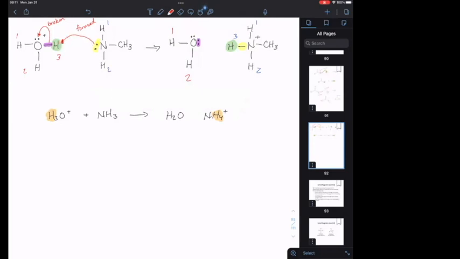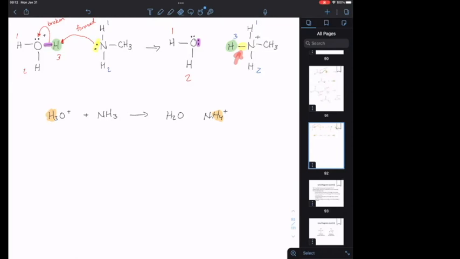So again, when you think of these arrows, you draw the base of your arrow, and you think that you're reaching out and grabbing this pair of electrons and dragging them. So we can see that this lone pair of electrons on this nitrogen is what eventually became my new bond here, right? Something that started out as a lone pair of electrons is now becoming a bonding pair of electrons, right?